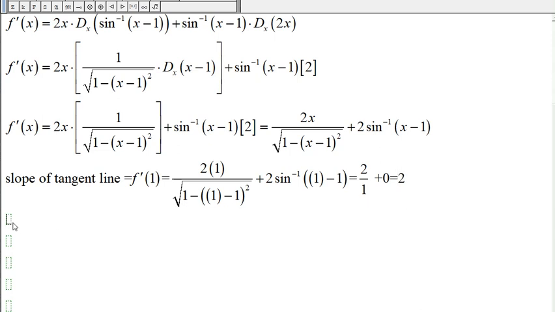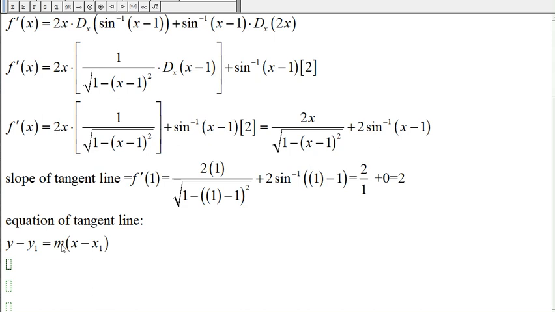And so now the equation of the tangent line. So we get y minus y1 equal to the slope, and then x minus x1.